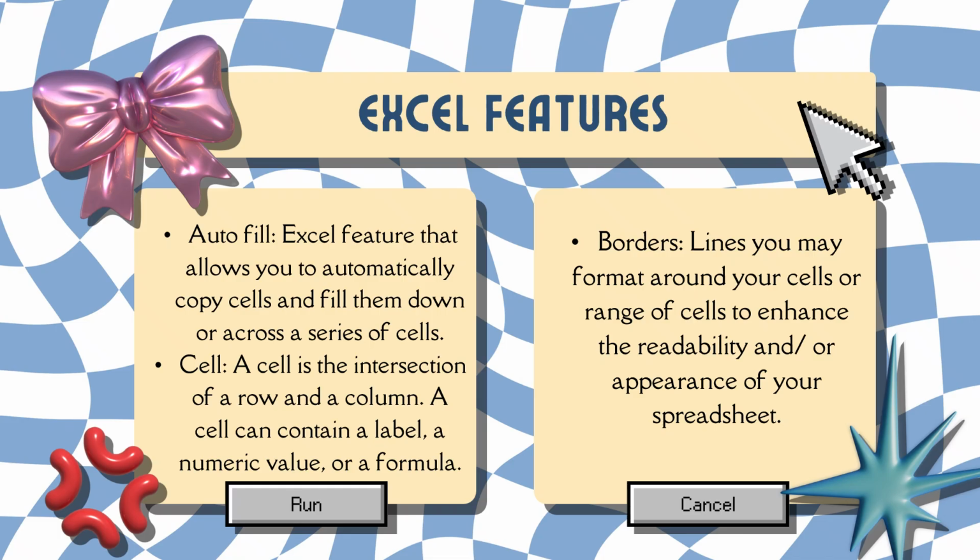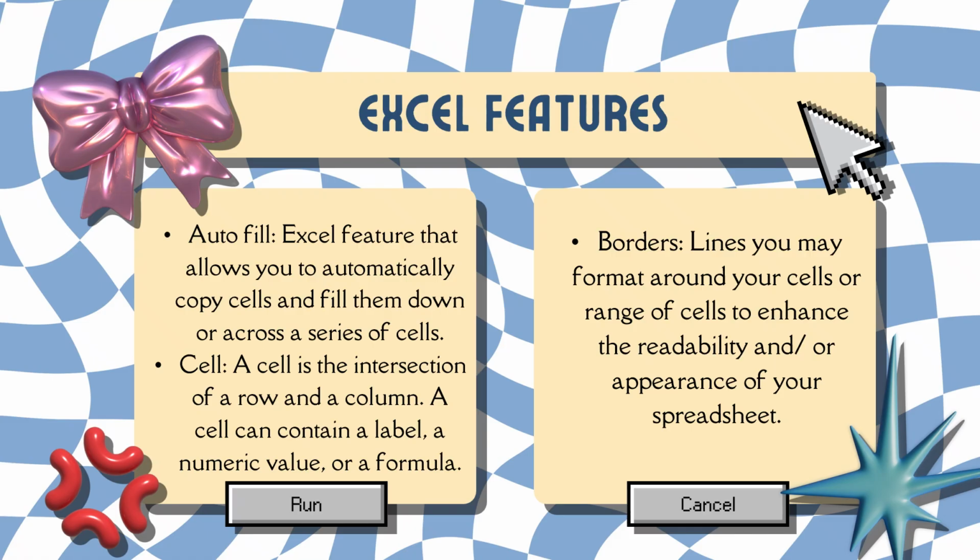Excel features. Autofill. Excel feature that allows you to automatically copy cells and fill them down or across a series of cells. Cell. A cell is the intersection of a row and a column. A cell can contain a label, a numeric value, or a formula. Borders.